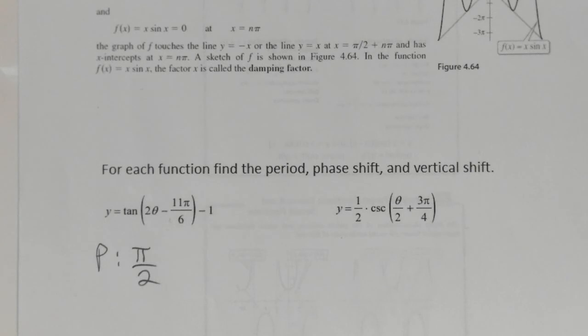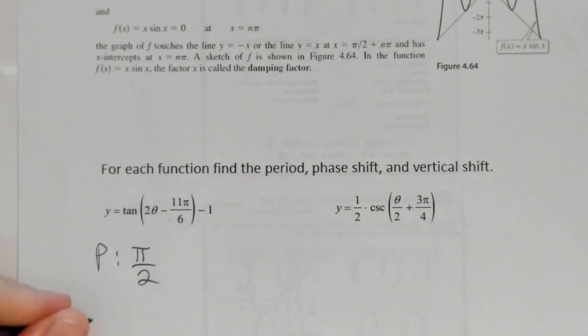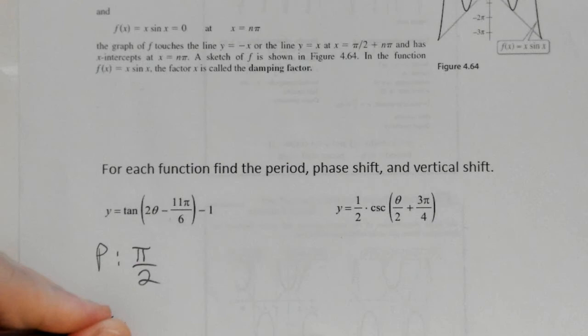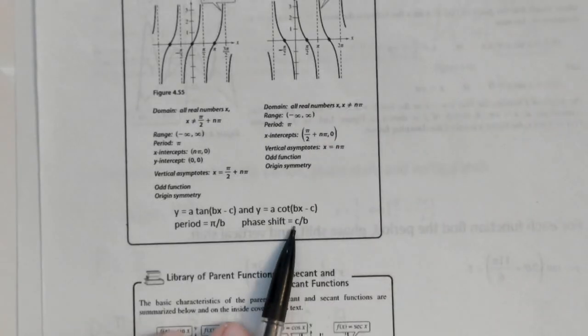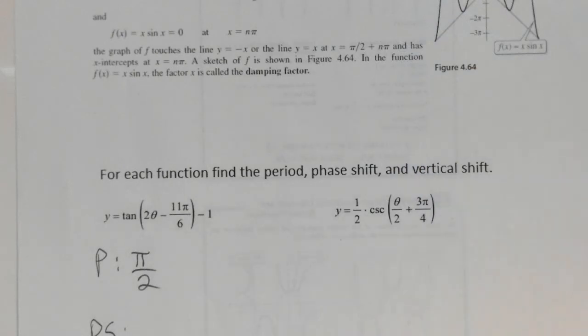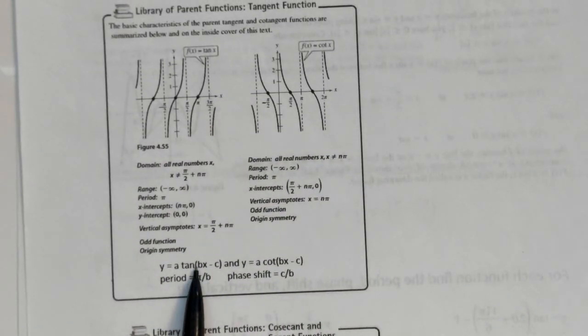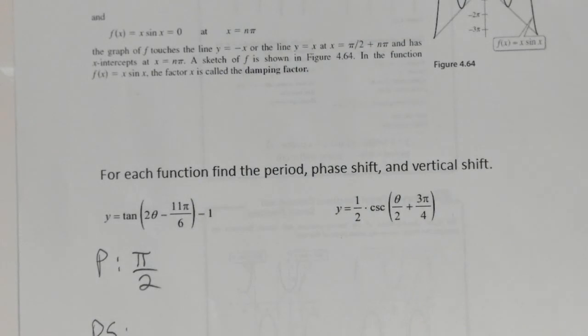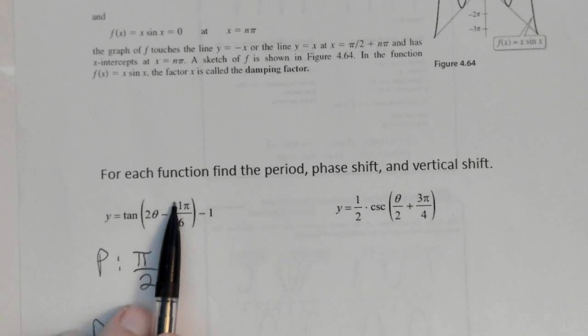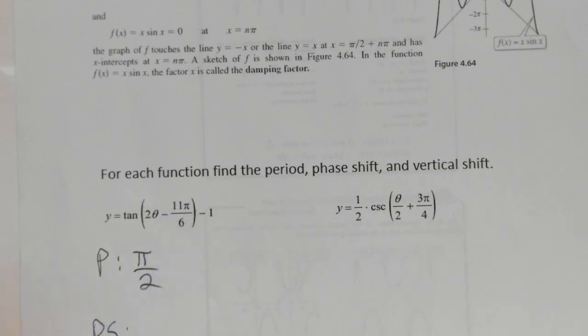The next thing that we're looking for is the phase shift. All right, and remember, for phase shift, we want C over B, so that doesn't change. And remember, your C is here, your B is here. All right, so let's go through and look at that. So my value of C right here is going to be 11 pi over 6.